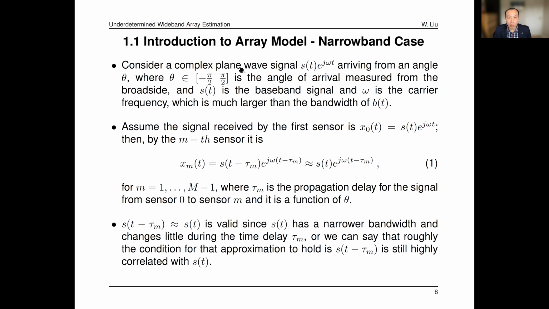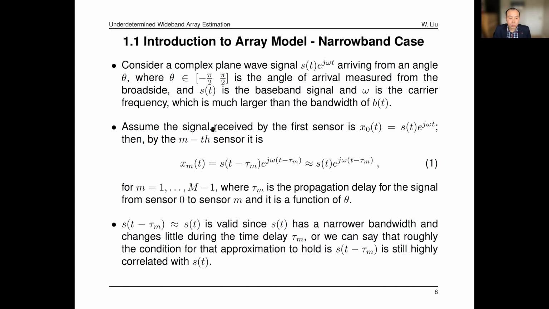And we consider a complex plane wave signal s(t) times e to the j omega t arriving from this angle theta. And theta in this case is from -90 degrees to 90 degrees. And s(t) is a baseband signal, and omega is a carrier frequency, which is much larger than the bandwidth of this s(t).